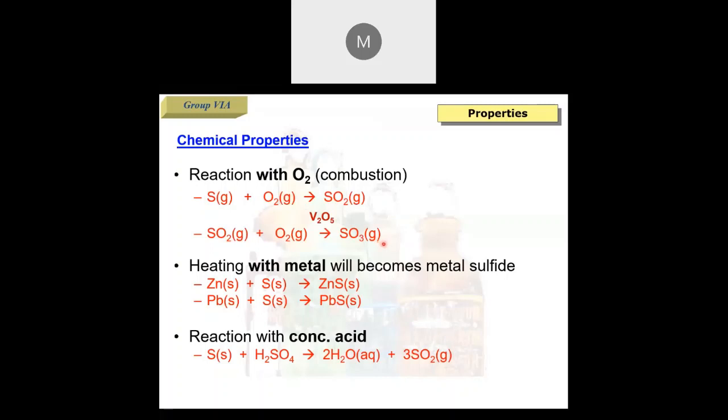Heating with metal, it becomes metal sulfide. These are the common ones. And when sulfur reacts with concentrated acid, it can also form sulfur dioxide.